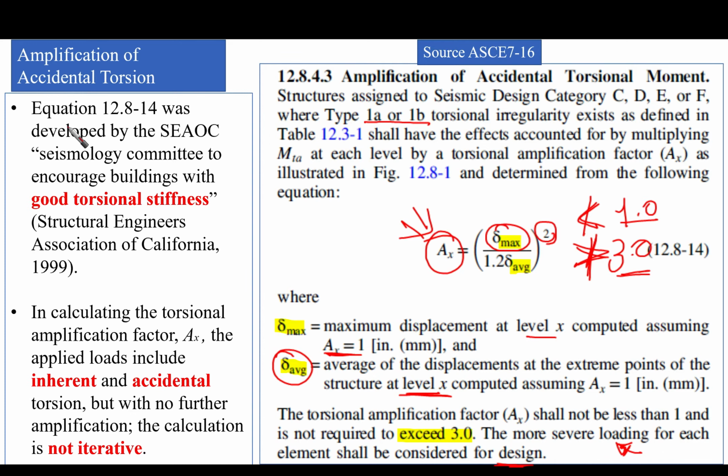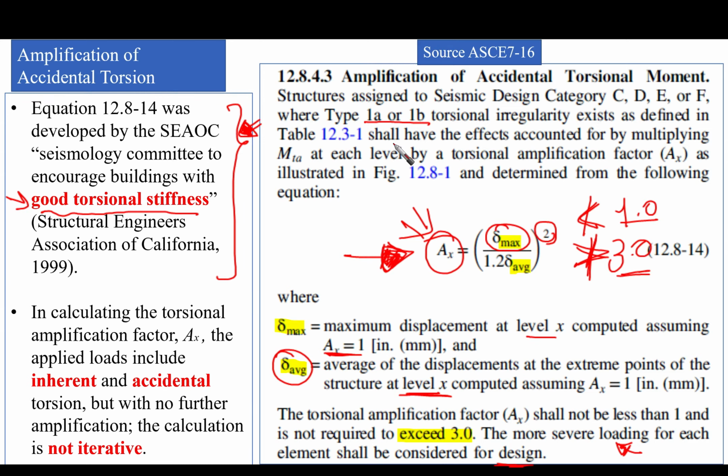Let me summarize what I have said. This equation, which is 12.8-14, was developed by SEC, the Seismology Committee, to encourage buildings with good torsional stiffness. That's the main concern. If you ask why we make further amplification, why the inherent and accidental torsion is not enough for us, actually this is a historical ruling or provision to encourage good torsional stiffness.